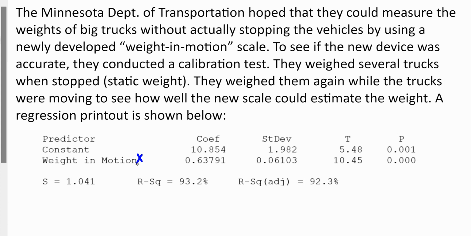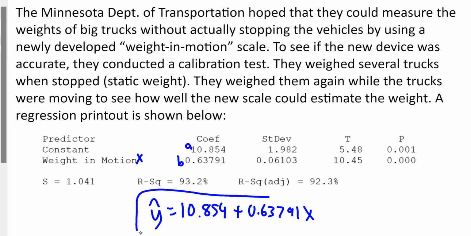But from my equation I have my constant, which is my y-intercept, and my slope, which is my b, and I can already write y hat equals 10.854 plus 0.63791x. There's my equation. And from the situation, I could also explain all the different parts of it. But I have the information there. We just have to identify which is which.